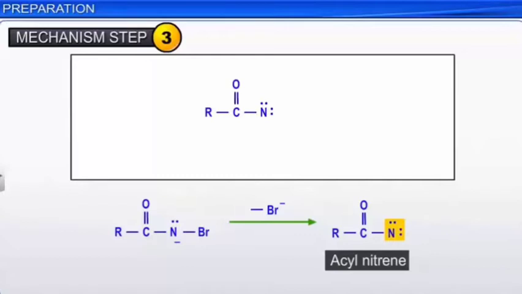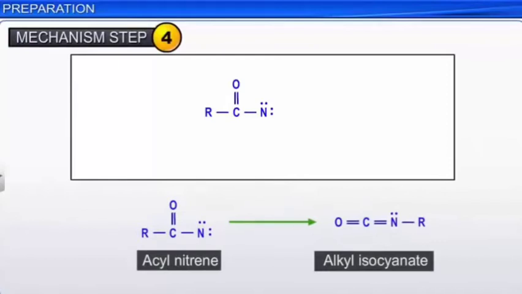Step 4 involves the migration of the alkyl group from the carbonyl carbon of the amide to the electron-deficient nitrogen atom. This results in the formation of alkyl isocyanate.